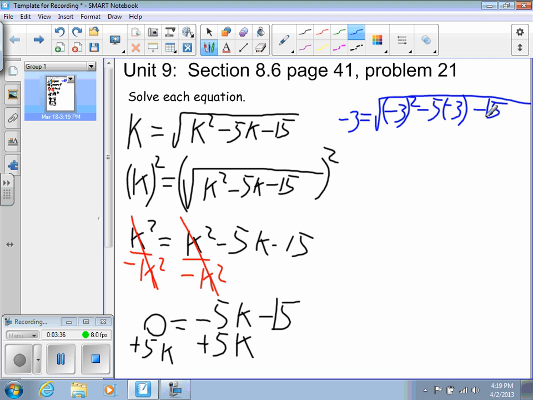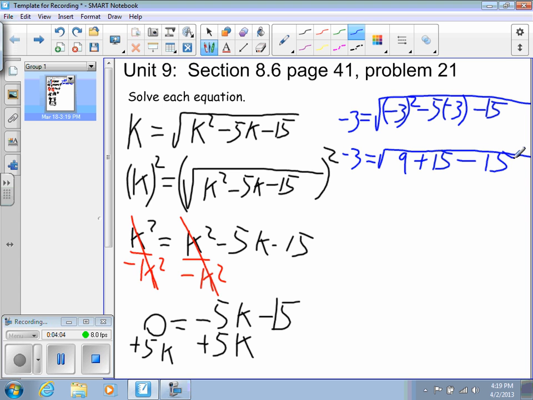Okay, so let's see. Negative 3 equals the square root of, and let's combine some stuff in here. Negative 3 squared, well, that becomes positive, and it's 9. Minus, let's see, minus negative 15, that's plus 15. And then minus 15.